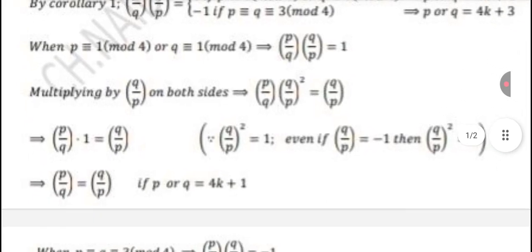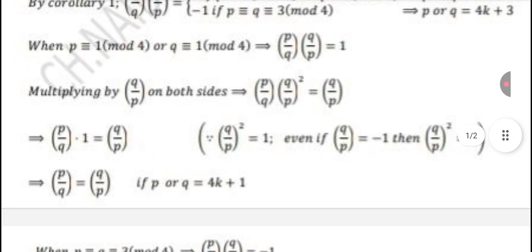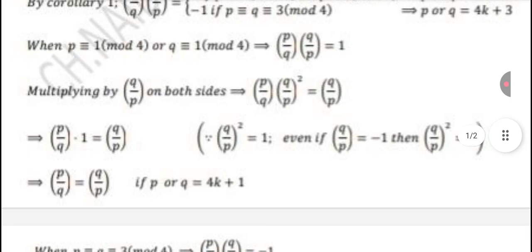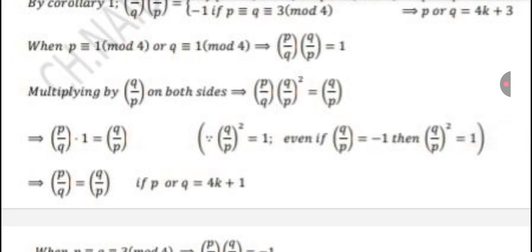So finally we conclude that whenever p and q are odd primes, the Legendre symbol (p/q) has the same value as the Legendre symbol (q/p) whenever p is congruent to 1 mod 4 or q is congruent to 1 mod 4. That means p or q is of the form 4k plus 1.